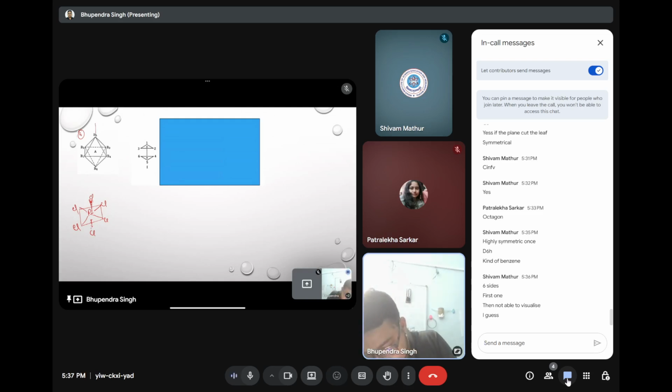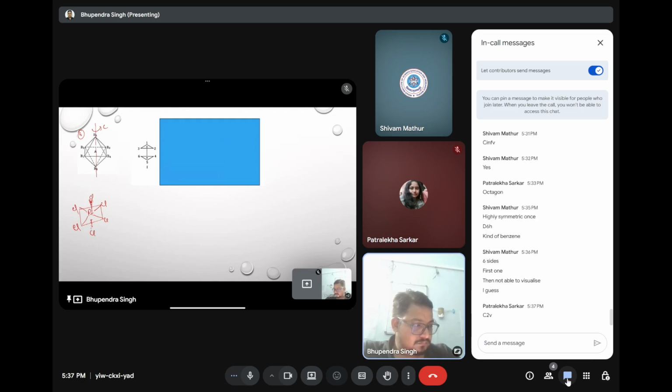Consider this is your axis in which you are rotating. Now tell me, this is enough hint. Okay, this looks like C2E because this looks like tetrahedral.